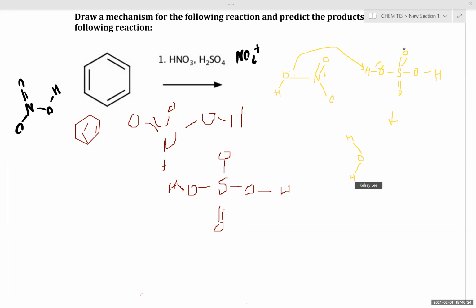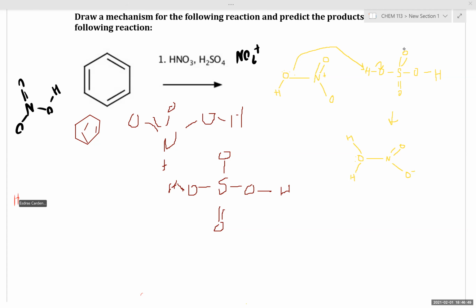That's correct. We're activating this alcohol, we're activating this leaving group. So rather than kicking out hydroxide, we're kicking out water. And this sets up our nitric acid to eliminate water and make our reactive nitronium ion. Yep. So this looks perfectly reasonable.